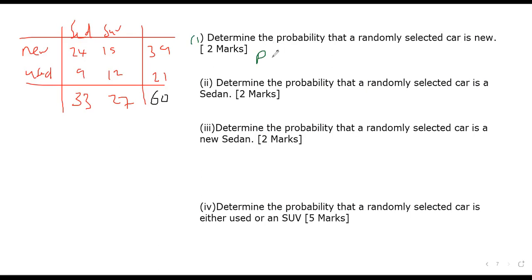So it's going to be 39 over 60. 39 divided by 60, so we have 0.65. Next.